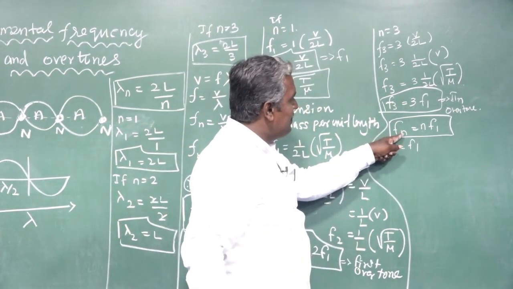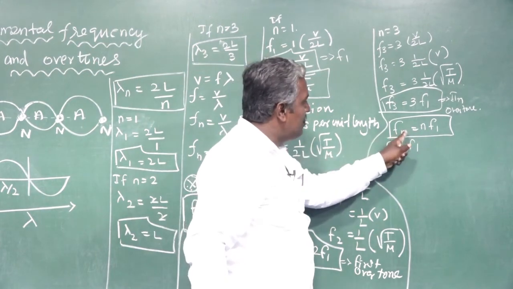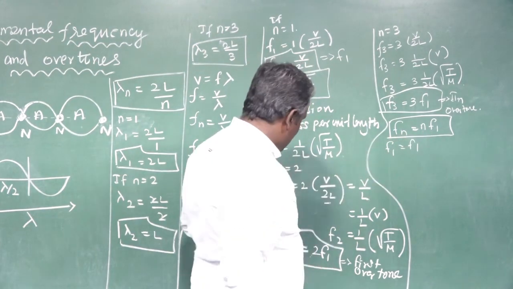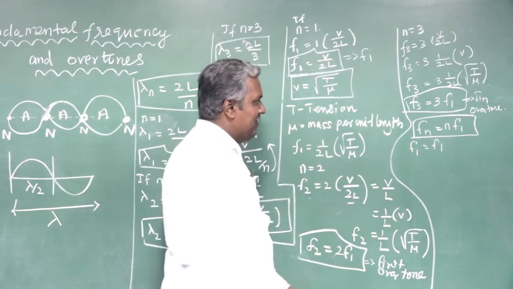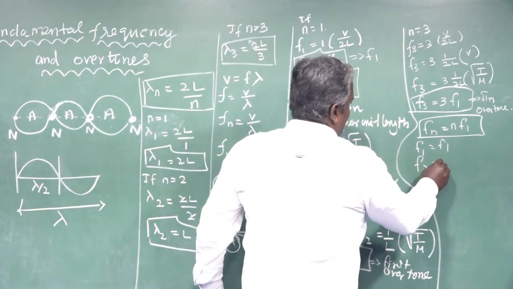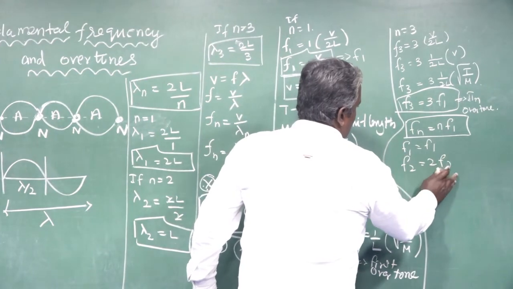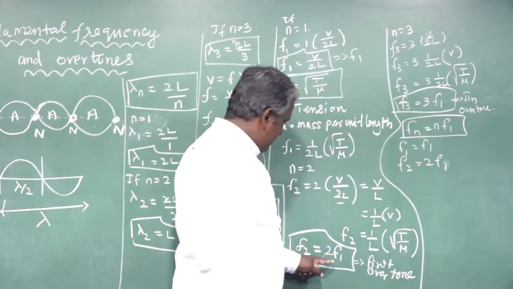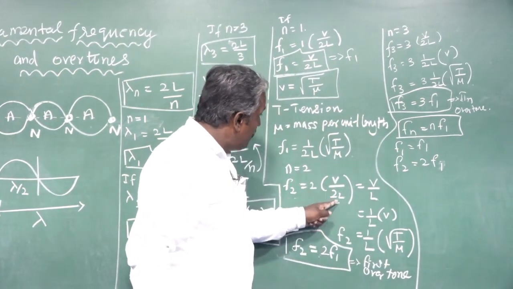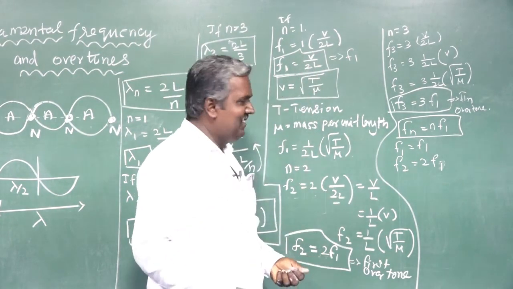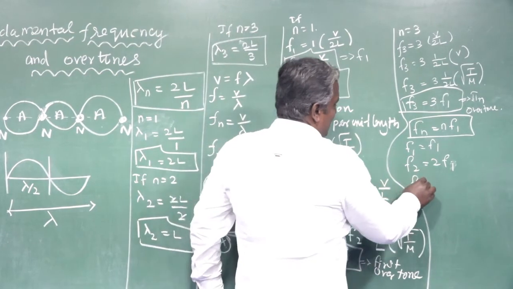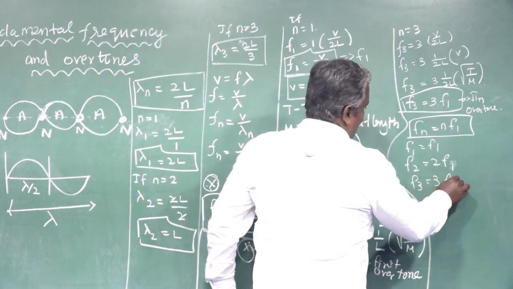Substitute n here: for n equal to 2, f2 is equal to 2f1. I am correct or not? v by 2L is equal to f1, so 2f1. At the same time, f3 is equal to 3f1.